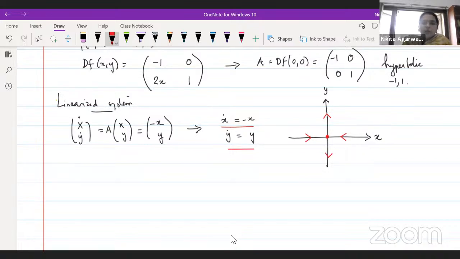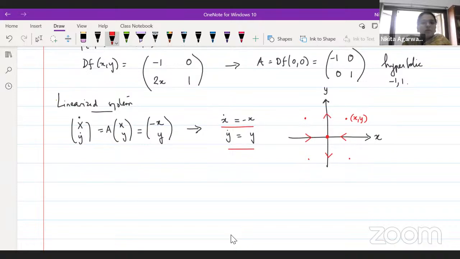And what you can do is, if you take any point which is outside these coordinate axes, you can look at the direction. Let me give you one particular example. Suppose you take any point x comma y in the first quadrant. X dot is negative x.